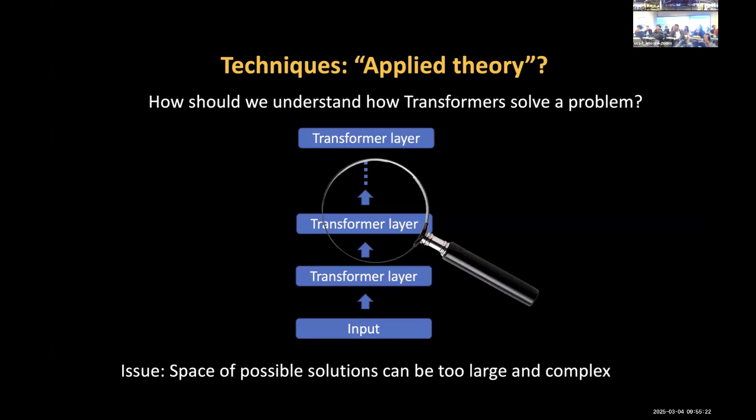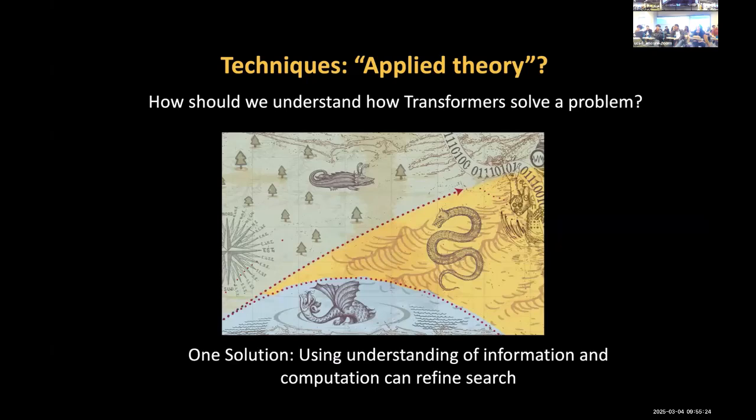And one perspective we take is if we can use this understanding of the computational statistical landscape to maybe refine this search. So maybe just by looking at the input and output behavior of the model, can we say something about what the model is doing internally or what the model is not doing internally?